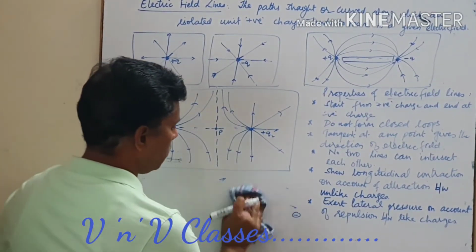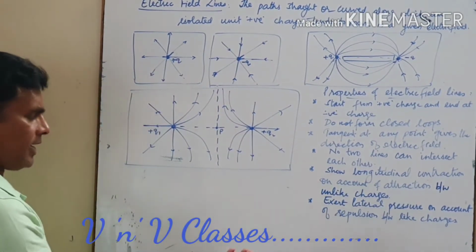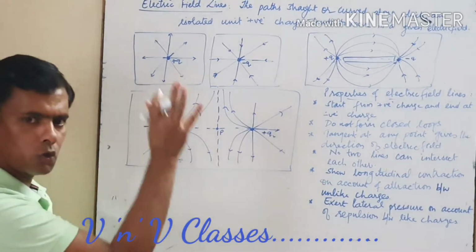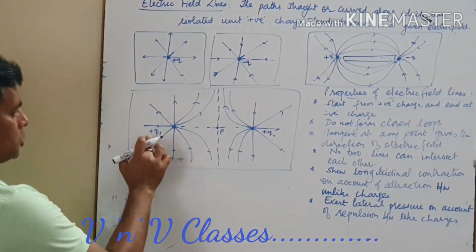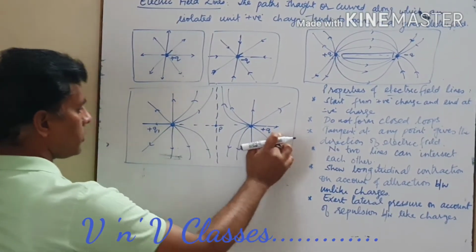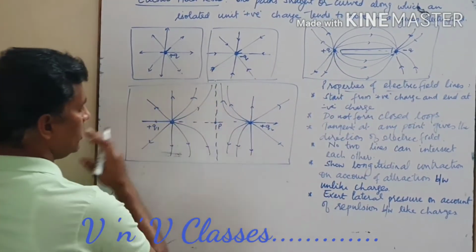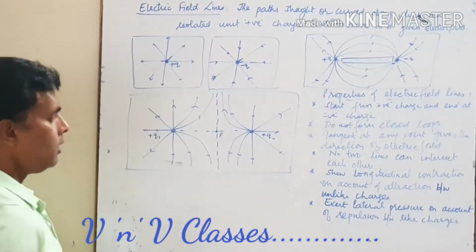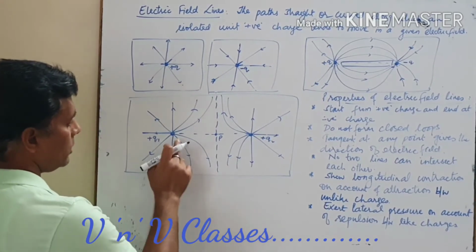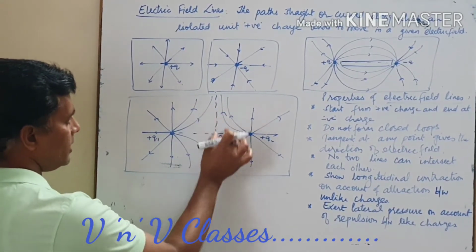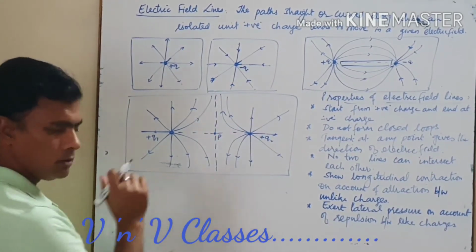Remember, if you have both the charges positive or negative, we are discussing it for two positive charges, q1 and q2. So we observe that on this side of q1 and on this side of q2, the field lines are straight. But in between, you can see there is a deviation in their path.